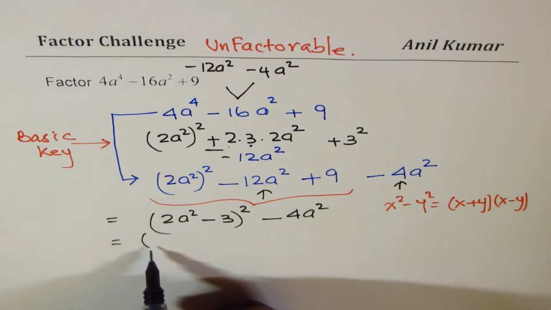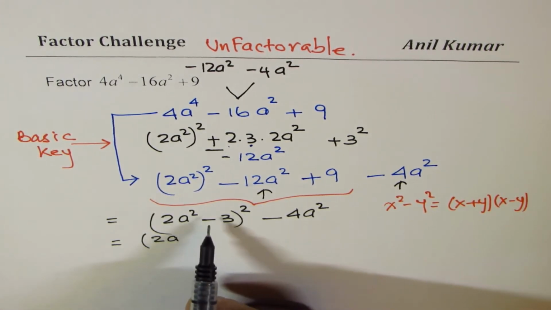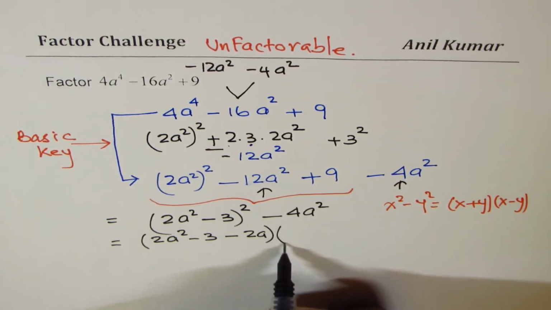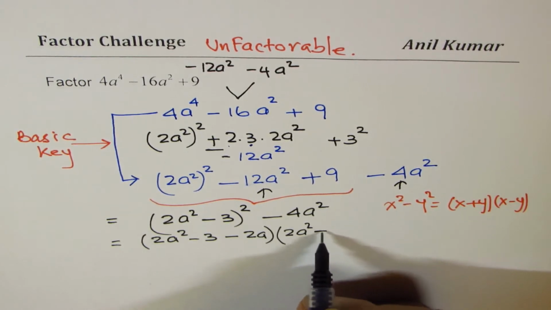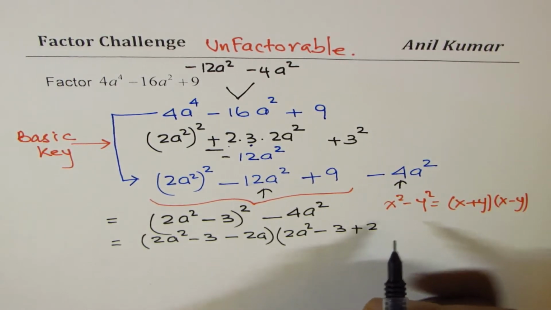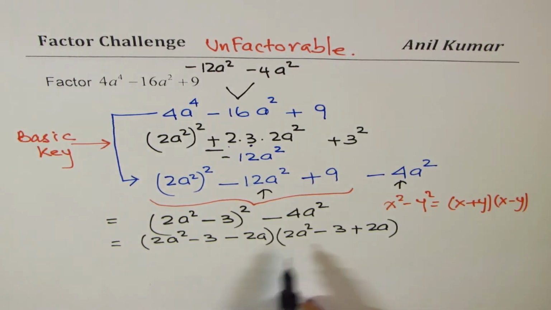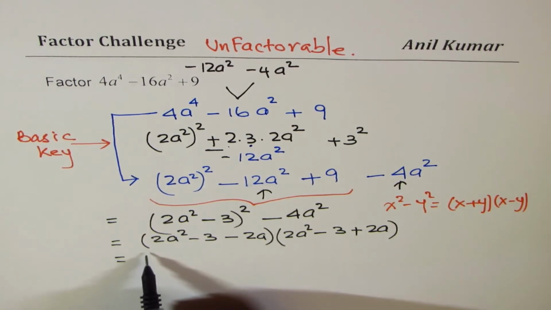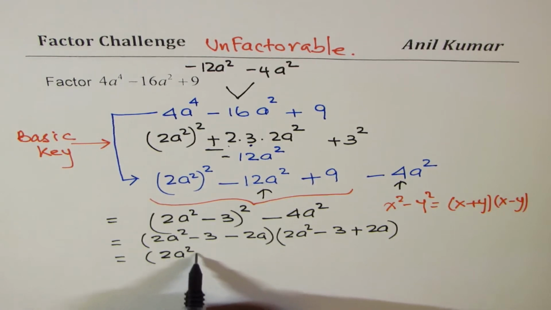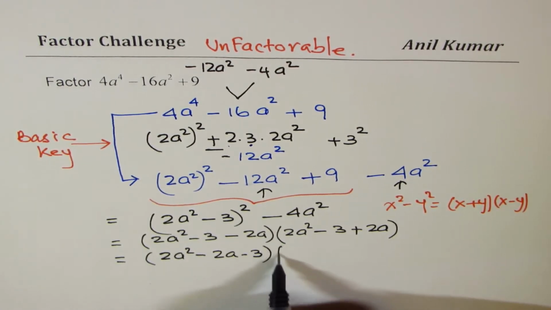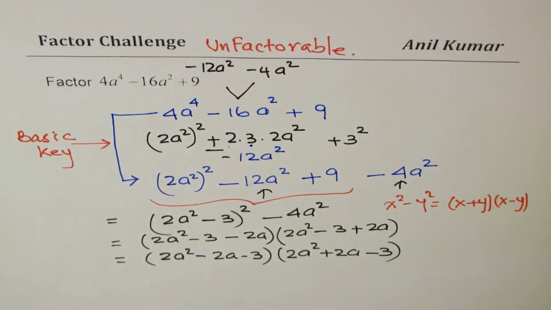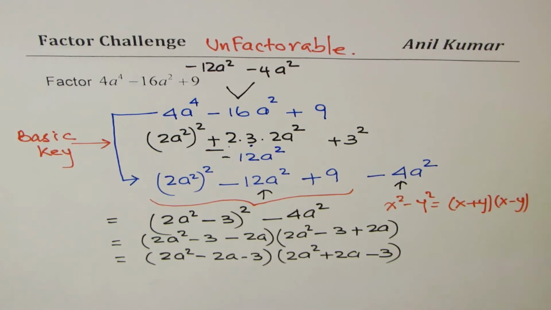So I could now write this as 2a square minus 3 minus 2a times 2a square minus 3 plus 2a. You get an idea. So I have factored it. Isn't that cool? So we have now factored this, just rearranging. So we can get this as 2a square minus 2a minus 3 times 2a square plus 2a minus 3. You get it? So that is how you can actually factor unfactorable polynomials.